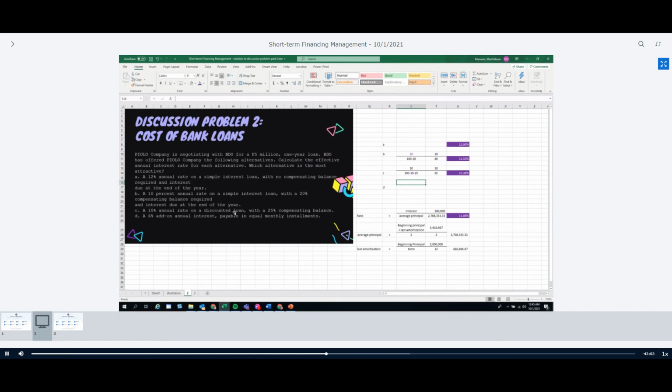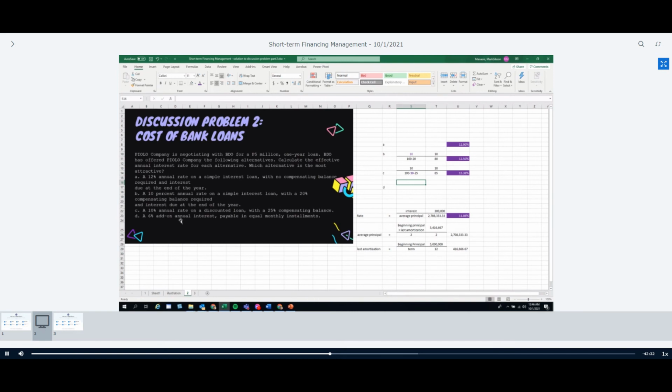So therefore, mas maliit yung nakuha na proceeds ni Piolo. So not the whole 5 million. In fact, with the 25% compensating balance, the 25% will remain in his current account. So he can't withdraw it. So paulit-ulit na tayo.